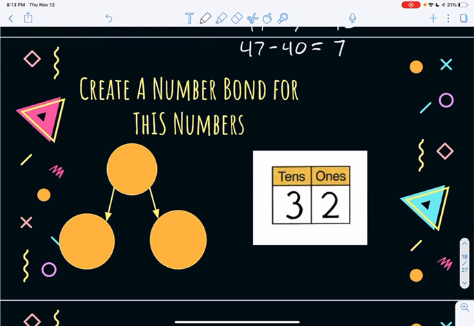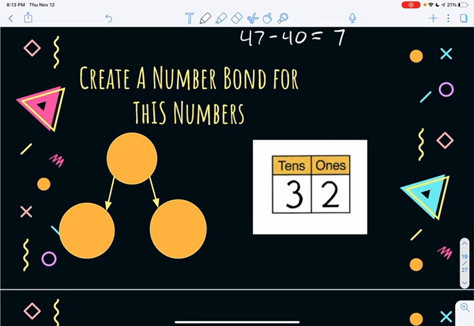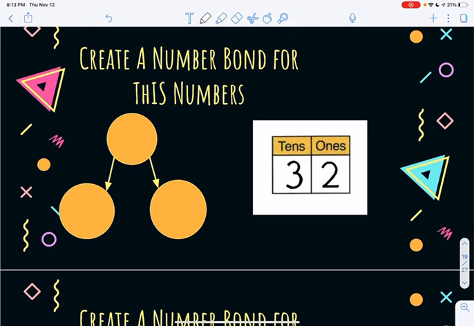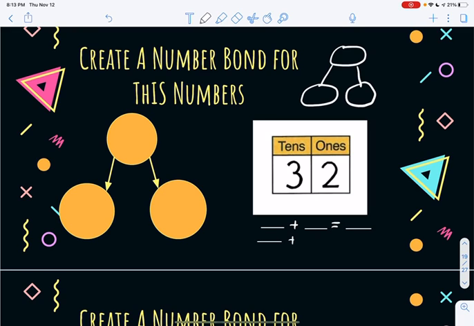Okay, Mr. Cannon's class, you are going to create a number bond for this number. First, you're going to create a number bond, and then you're going to fill out this chart down here too, in your notebooks. It should be the last page in your notebook.